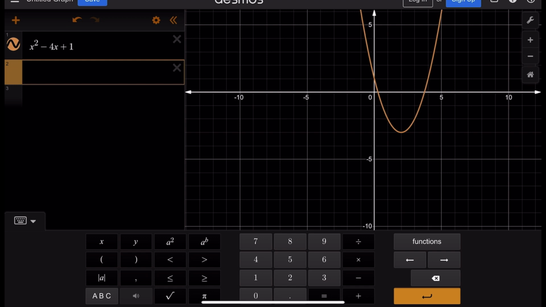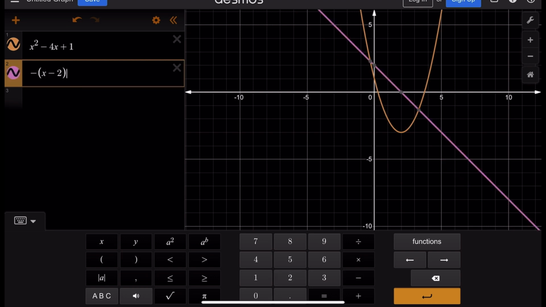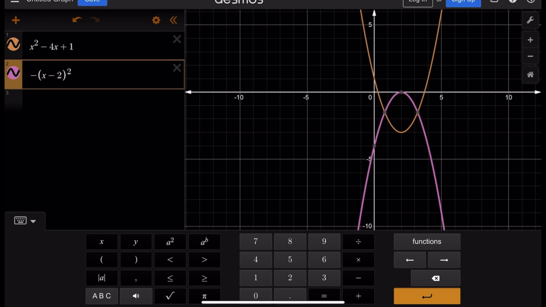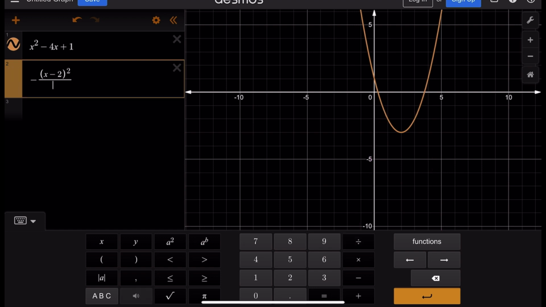The second equation is minus a half x minus 2, everything squared, divided by 2, plus 3.